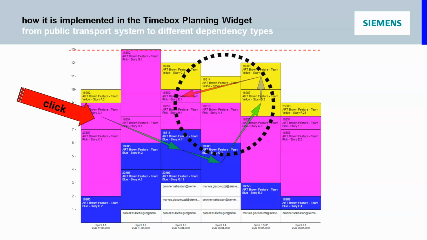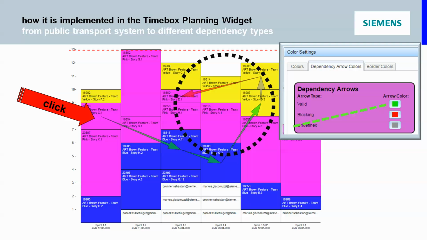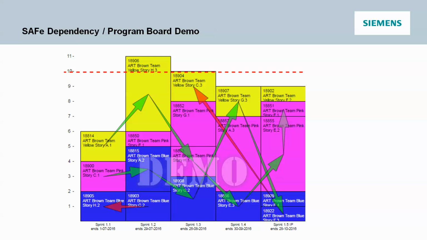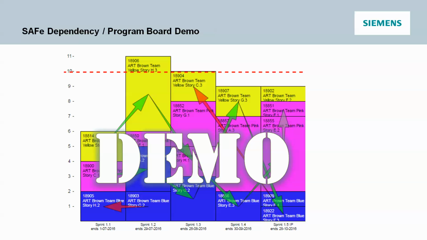And you see, in addition to the green ones, we have a gray one and a red one. If you go to the settings of this widget, you can define the color for a valid dependency. We call it valid because it's going forward. For a blocking one, that's going from right to left. And the neutral one, which is undefined, we see here in gray. So this demo is available as a separate YouTube movie on this channel.